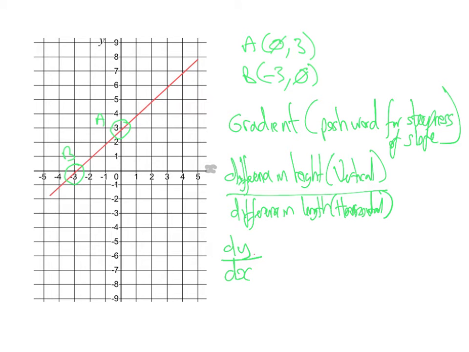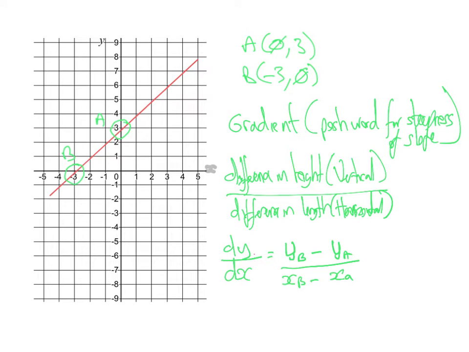So if we have 2 points, we have the y value for b, take away the y value for a, over the x value for b take away the x value for a. Okay. Now, you can do it the other way around. It doesn't matter as long as the numerator and the denominator are both the same way around. So it could be ya take away yb over xa take away xb. But as long as they're both the same way around, that works.